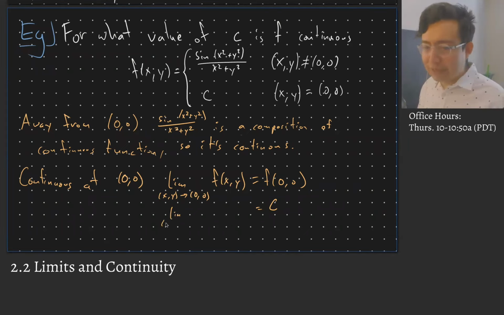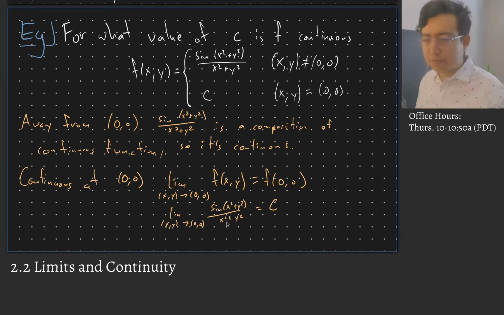So we have the limit as (x, y) goes to (0, 0) of sine of x squared plus y squared over x squared plus y squared. Now we've reduced it to this limit here. What is this limit? It's a limit we took earlier, right?